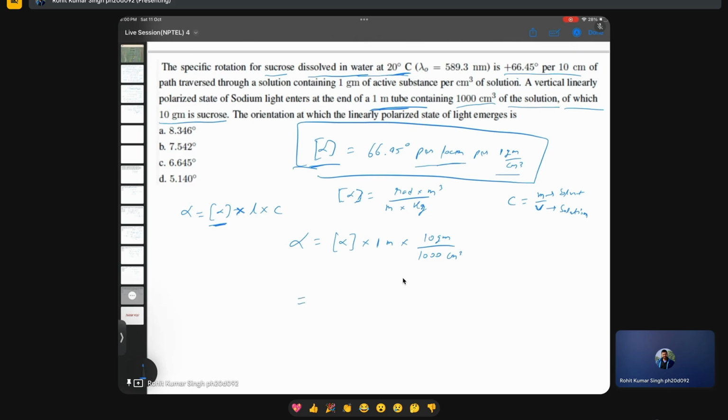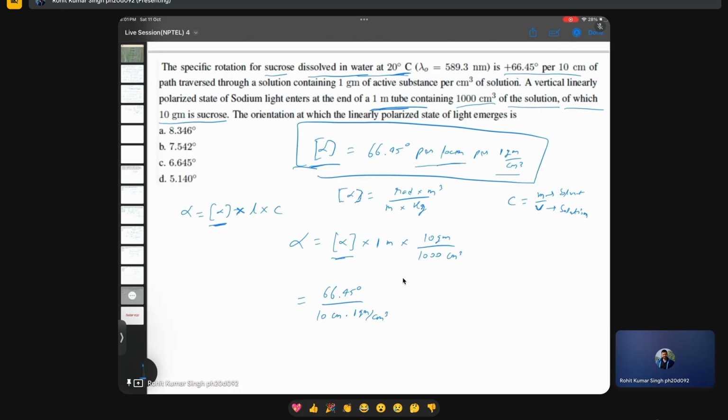And specific rotation is given. So how do we write it? 66.45 degree. It is per 10 centimeter, so let's divide it by 10 centimeter per 1 gram per centimeter cube.